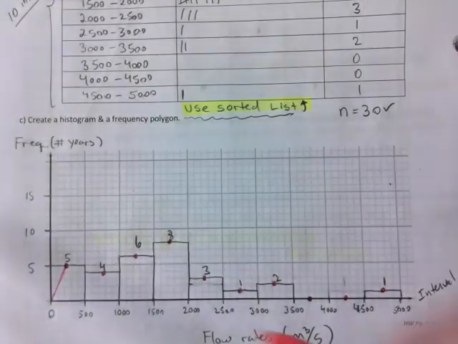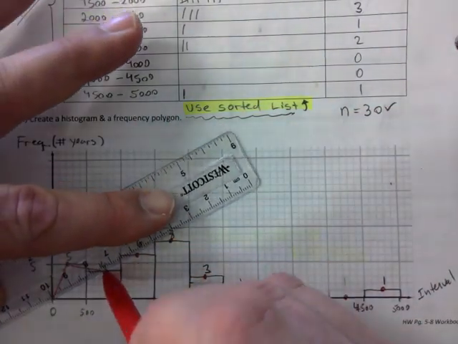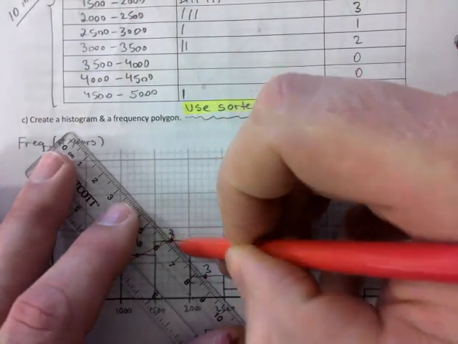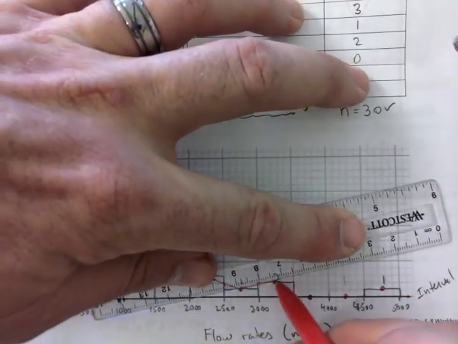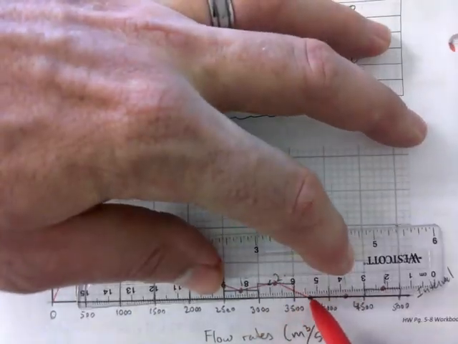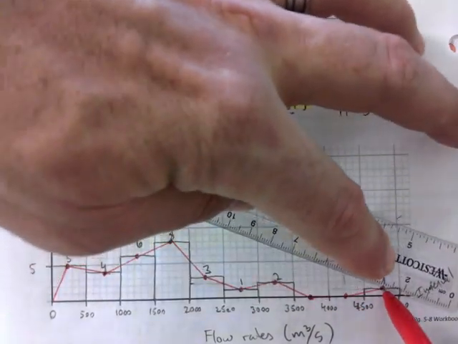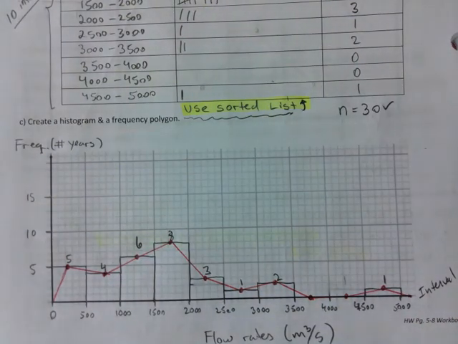Make sure you close it with 0. So just connect them. You go along the x-axis for those 2 years. So that would be a frequency polygon.